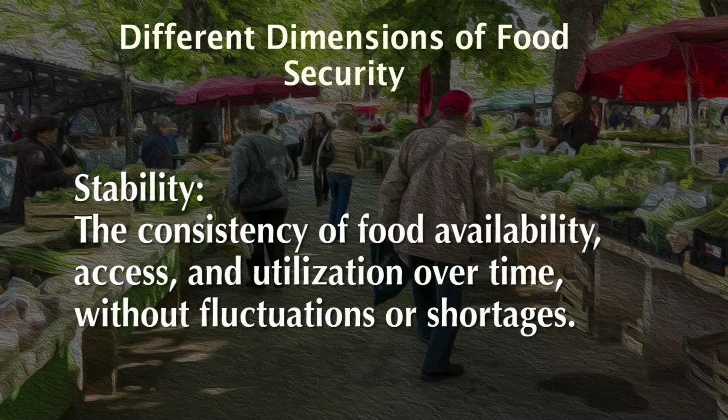The last but not least, the fourth dimension of food security is stability. Now, what is stability? Stability refers to the consistent availability, accessibility and utilization of food over time. So this facet is influenced by economic stability, political stability, conflict, and environmental sustainability.